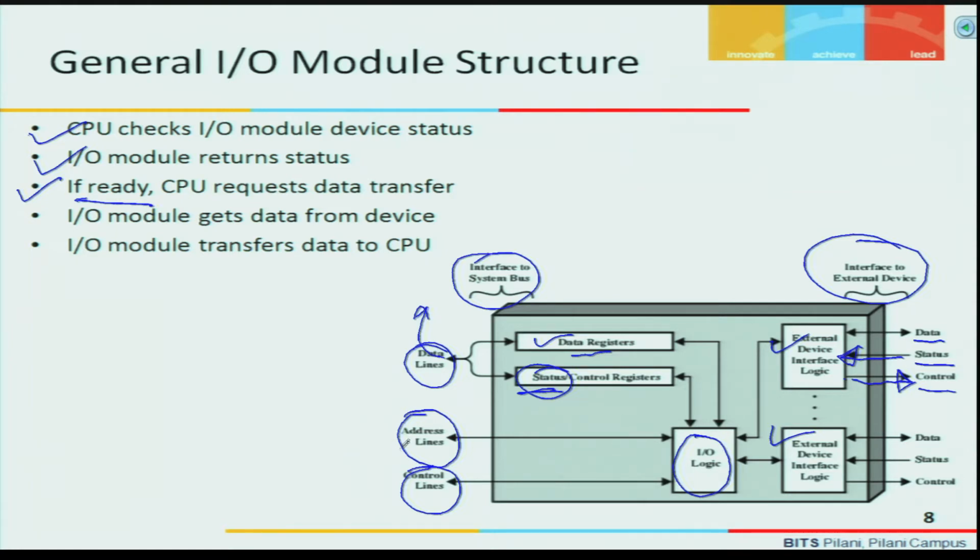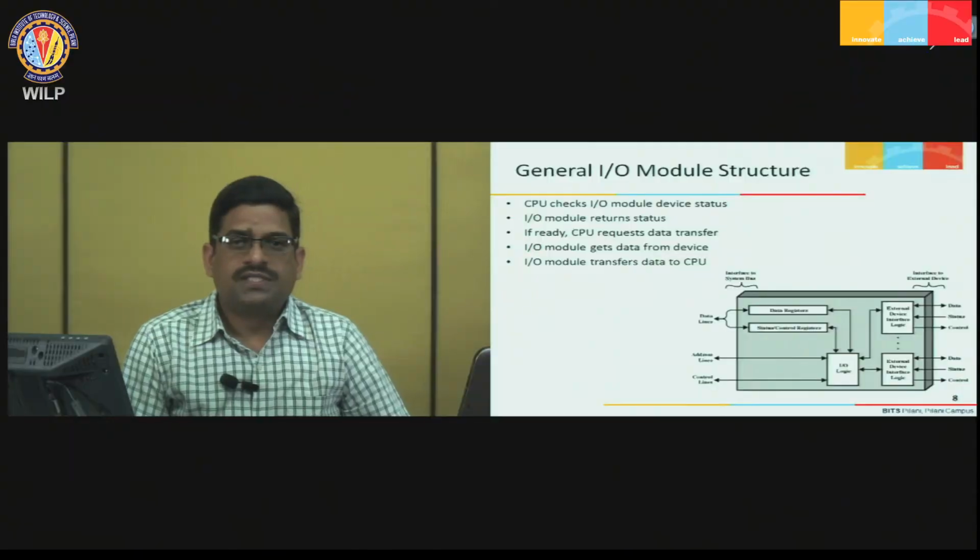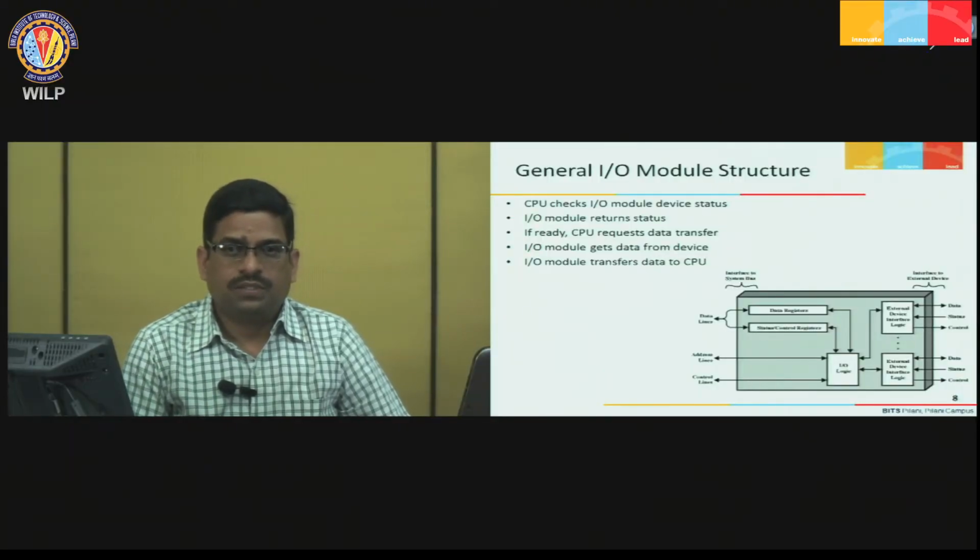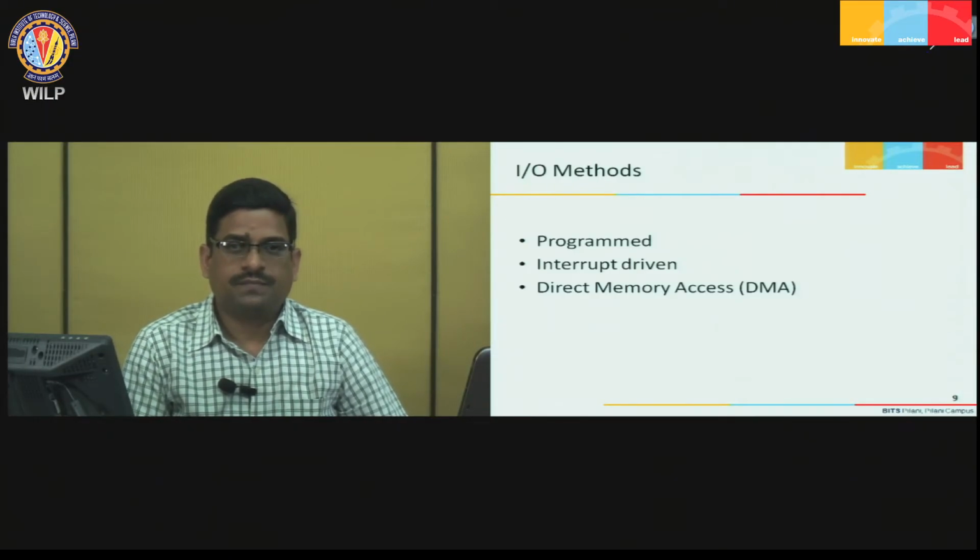In the meantime, the processor supplies the address on the address lines, and that address will be recognized by the module, and the appropriate device will be selected and requested to give the data. That data will be read from the device and put into the data register. Then finally, after getting the data from the device, the I/O module transfers the data to the processor. So this is the whole operation, how this I/O module works.